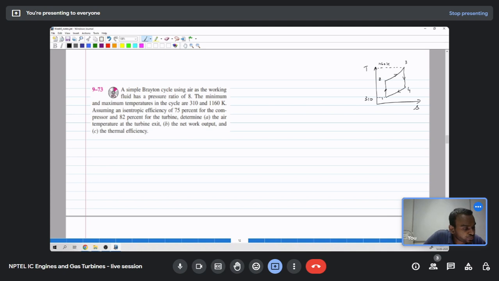Assuming 2 to 3 to 4 are the ideal process, in the actual process we will have something like this, ending up in 3A, and similarly the actual expansion looks something like this, and we will end up in 4A.